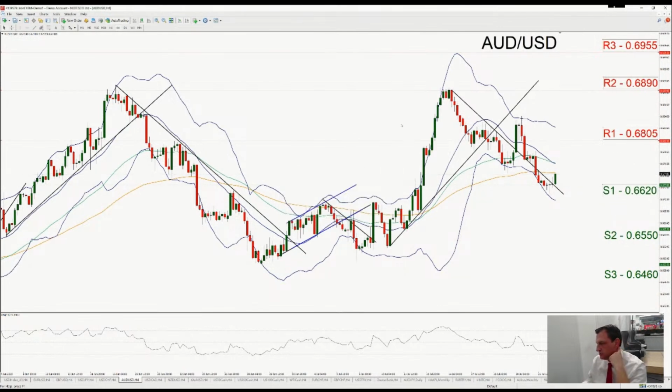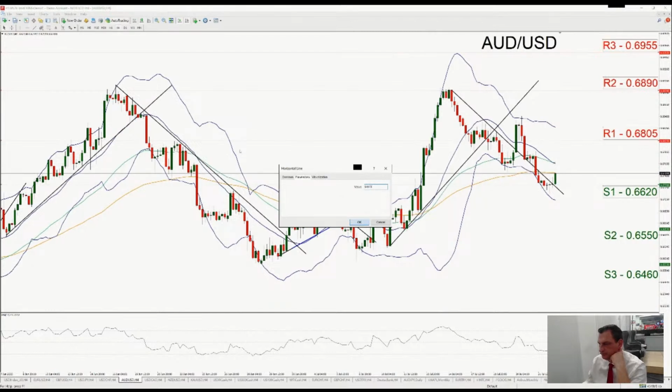The S1, which is currently the floor for the pair, 0.6730. The S2, 0.6655.